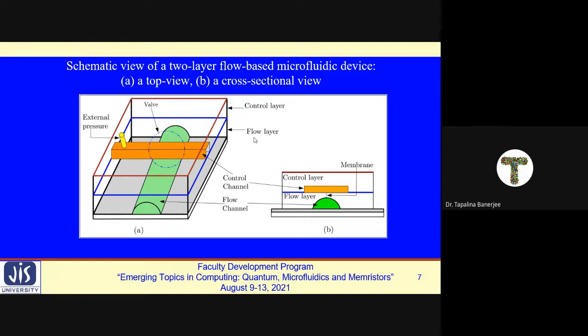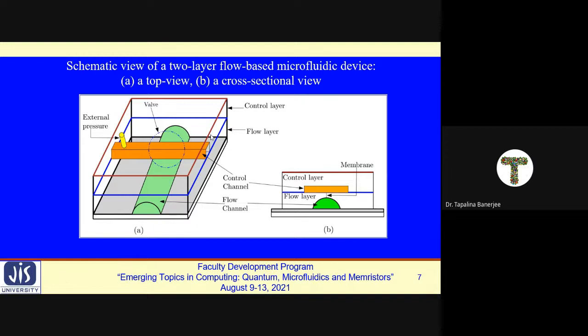Now, these devices consist of two separate layers of elastomer, polydimethylsiloxane or PDMS, based flow layer as well as control layer. The network of microchannels in both of these two layers are fabricated by using soft lithographic techniques.